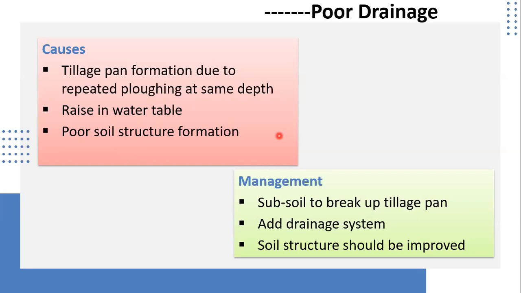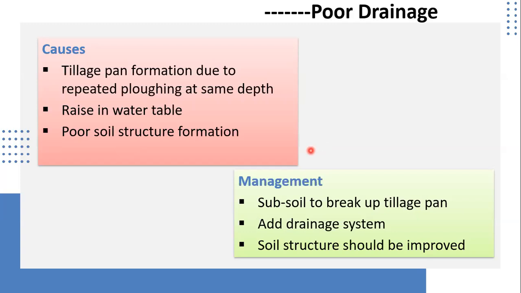You can manage by breaking the pan, which we have developed due to the tillage operation at the same depth. A drainage system can be added. I think we have experience in Faisalabad that the drainage system was added in the soil.